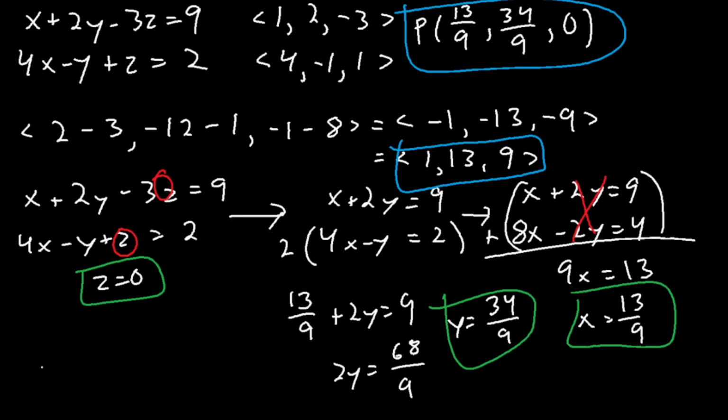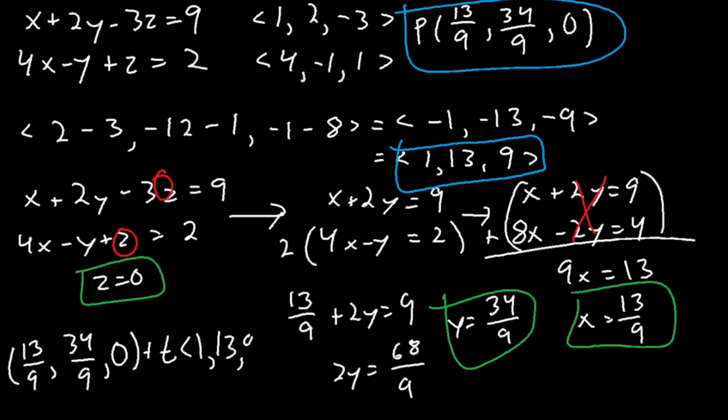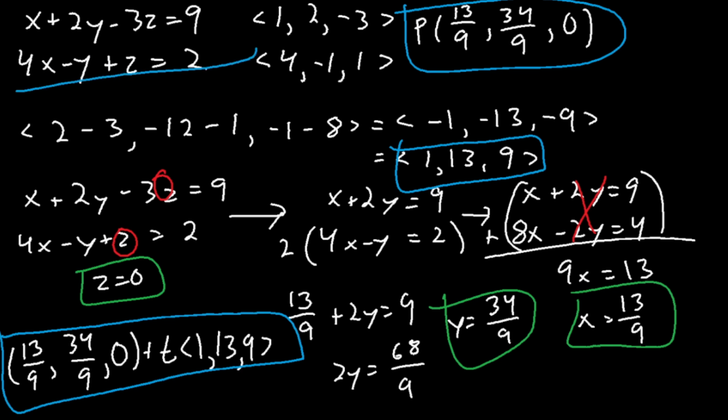Now that we have this point, we can write down the vector equation of the line. So 13 over 9, 34 over 9, 0 plus t of the vector that's parallel. I keep saying normal vector. The vector that is parallel to the line of intersection of these two planes.